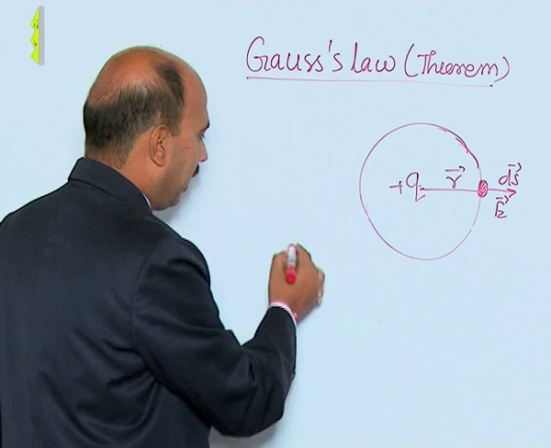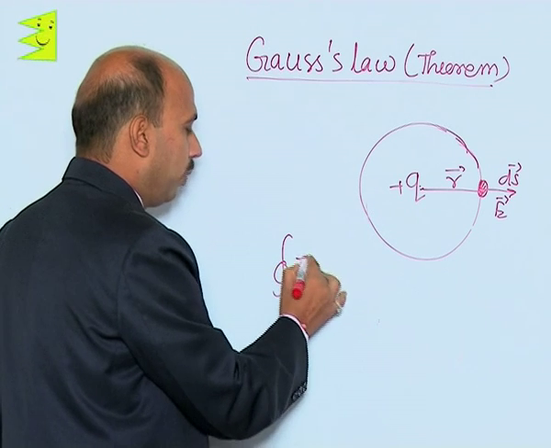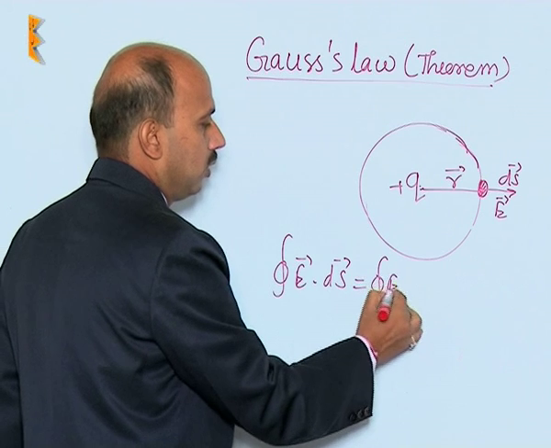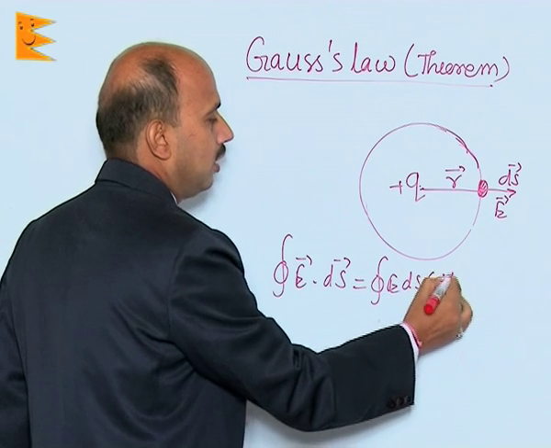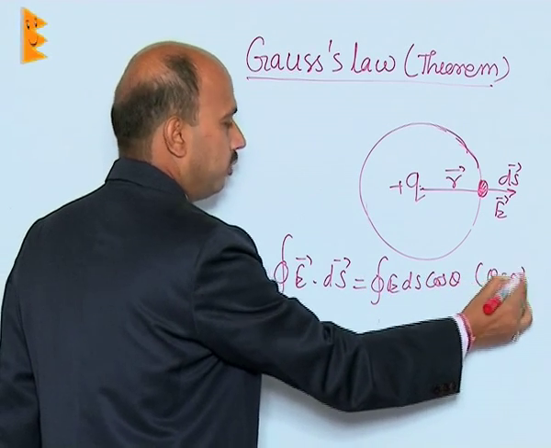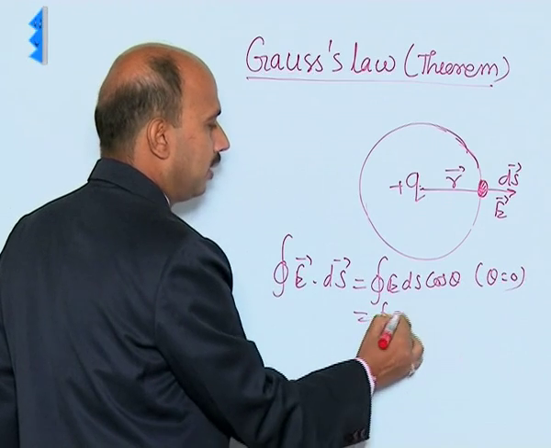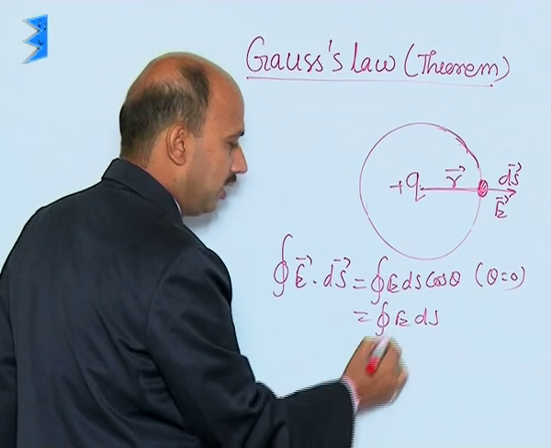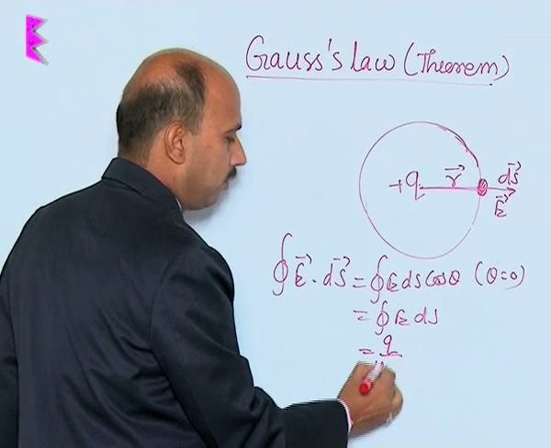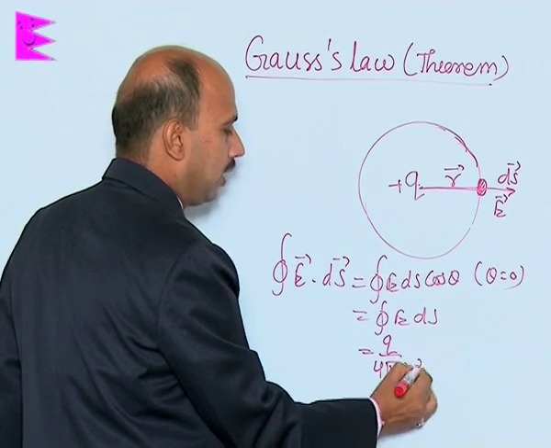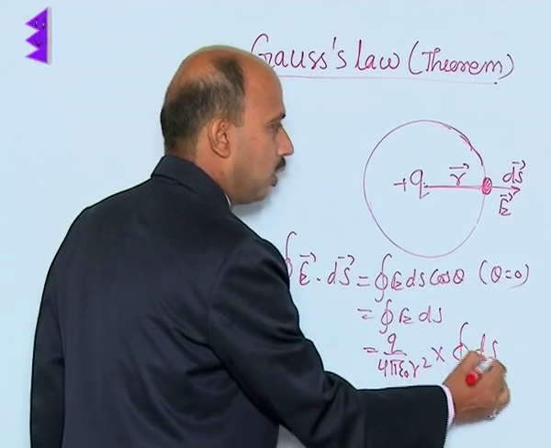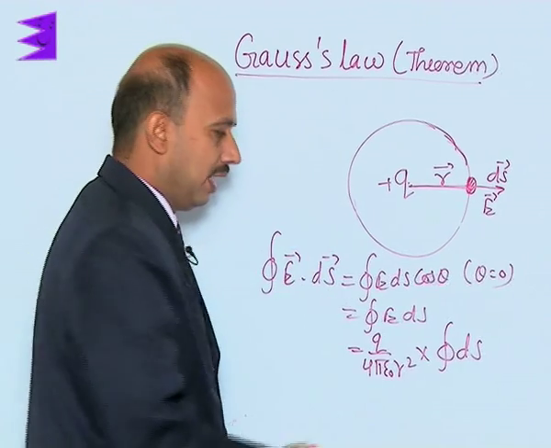So now we can write vector E dot vector ds is equal to E ds cos theta, where theta is equal to 0. So we can write E ds, where E at this distance r is q upon 4 pi epsilon naught r square, into the integration over this closed surface, that is ds.